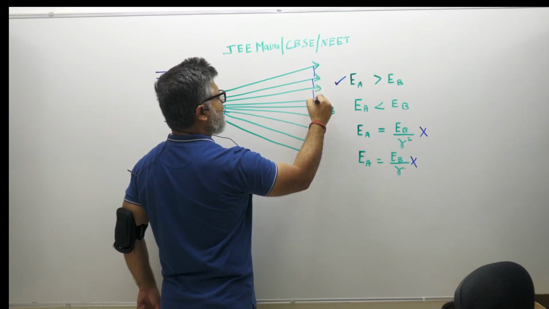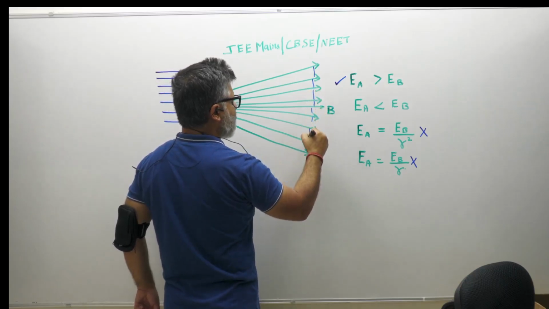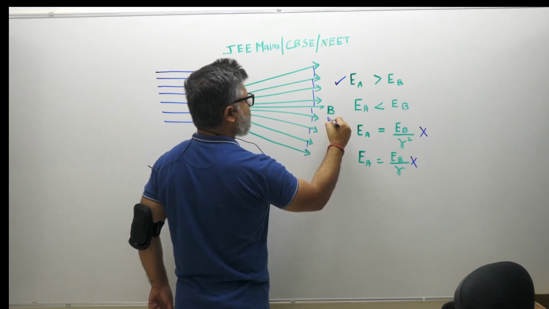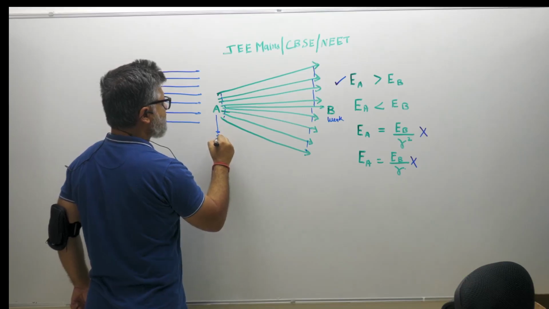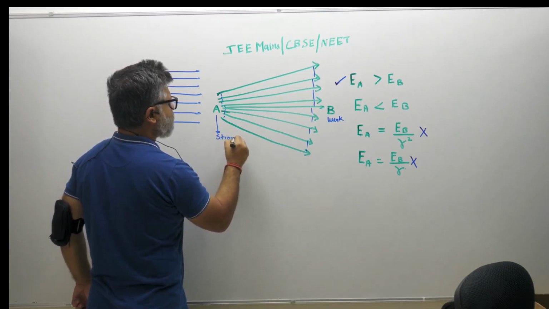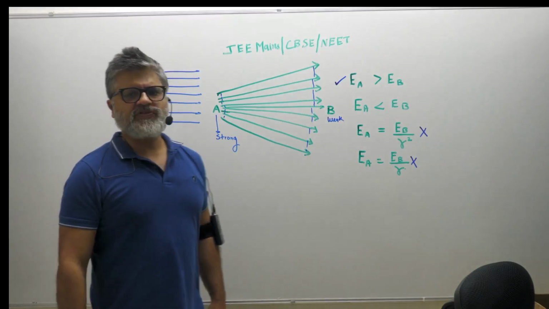So here the field is weak. Here the field is strong. So this was an easy one.